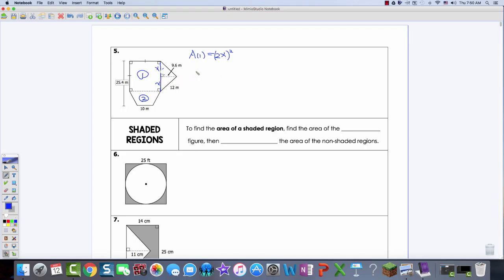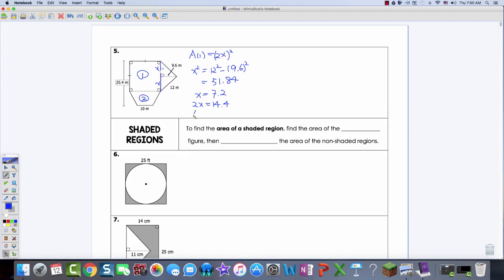So I can find x by using 12 squared minus 9.6 squared. I have a Pythagorean theorem there. If you use your calculators, you should come up to be 51.84. You take a square root of that, you have 7.2. If 1x is 7.2, 2x must be 14.4.